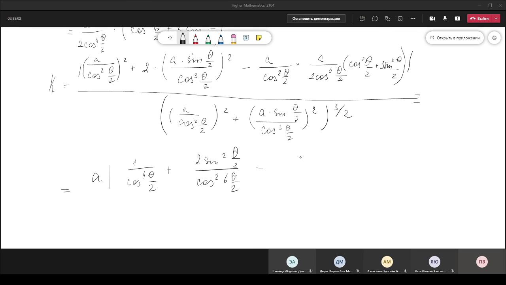We take a squared out of the bracket, and we have cosine squared of theta over 2 times cosine with power 6. Minus and plus give us minus 3 sine squared.